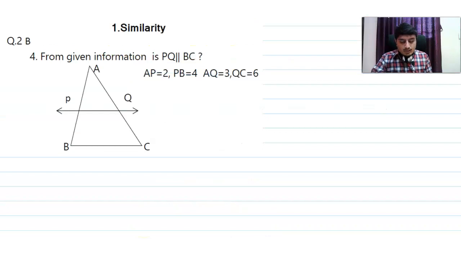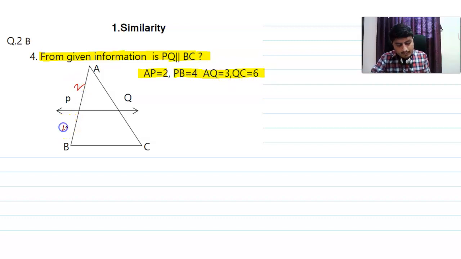Now look at question number 4 from exercise 2B. From the given information, is PQ parallel to BC? We have AP equal to 2, PB equal to 4, AQ equal to 3 and QC equal to 6. So let's put the given data on the figure.